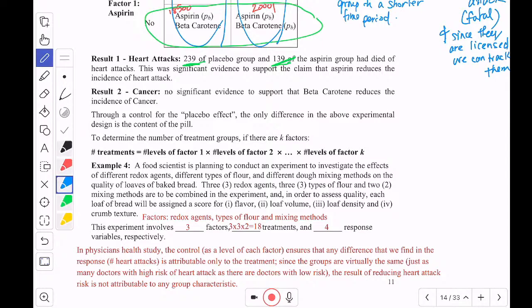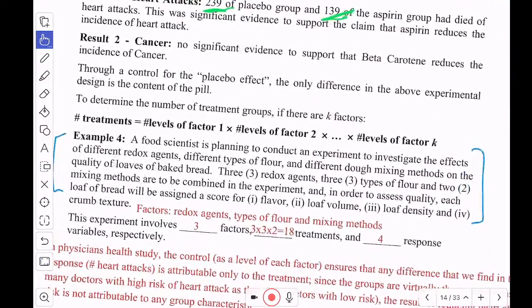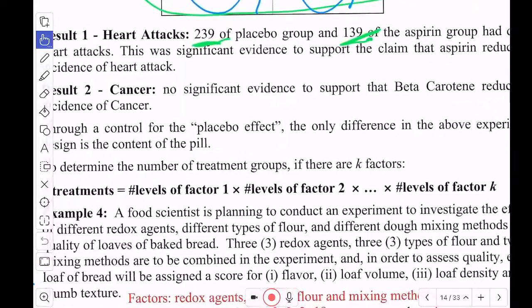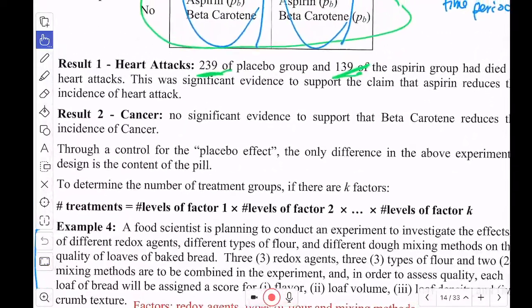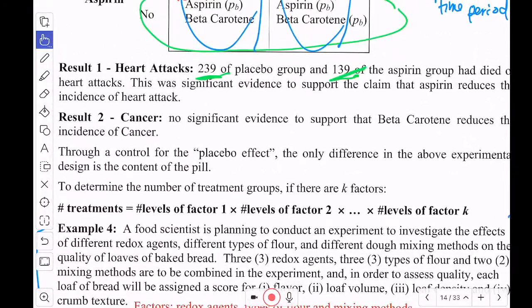I want you to try example 4. I have the answers because I'm looking at the annotated results, but let's see if I can hide the answers. Okay, so let's take a 5-minute break.